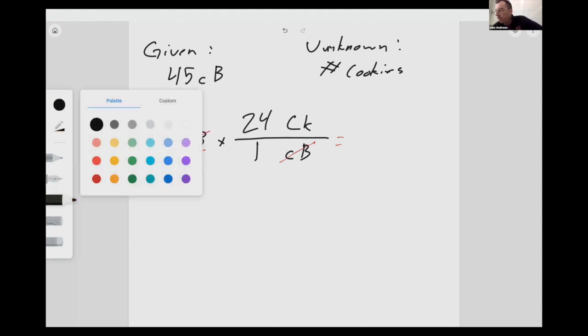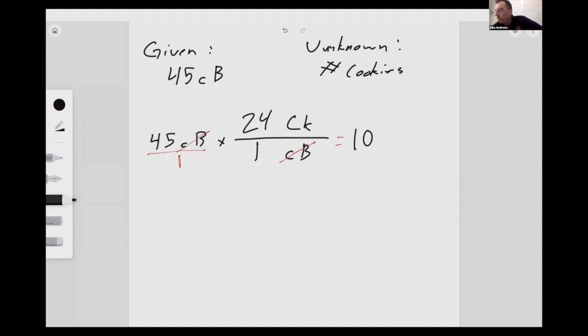And what we're left with is 1,080 cookies. So with 45 cups of butter, I can make 1,080 cookies. Okay? That's one way to do it. That's the way that I showed you last week.